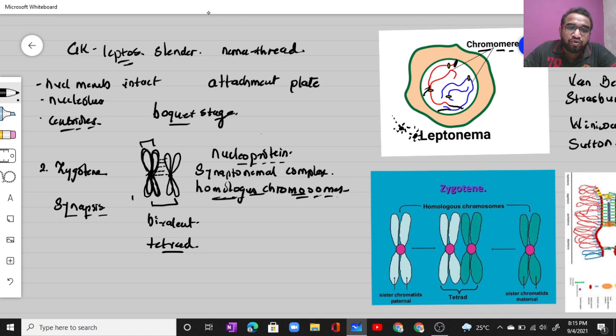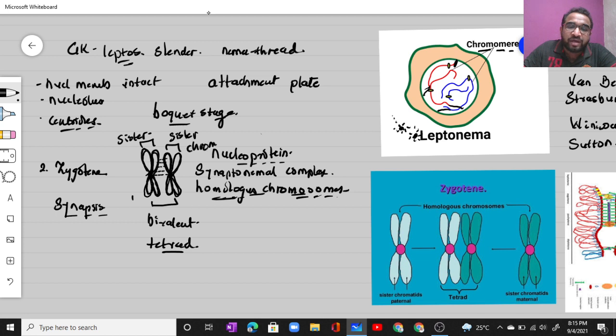So these two chromatids will be called sister chromatids. And in this other chromosome, this is one chromatid and this is another chromatid, held together by one centromere. So they will also be called sister chromatids.